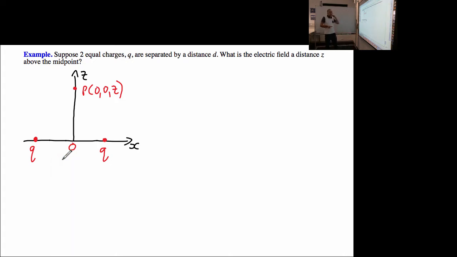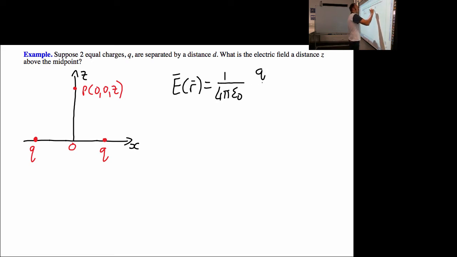Okay, so what we're first going to do is write out our equation for the electric field. Our electric field for each charge will be determined as follows. And at the end, here's our unit vector.